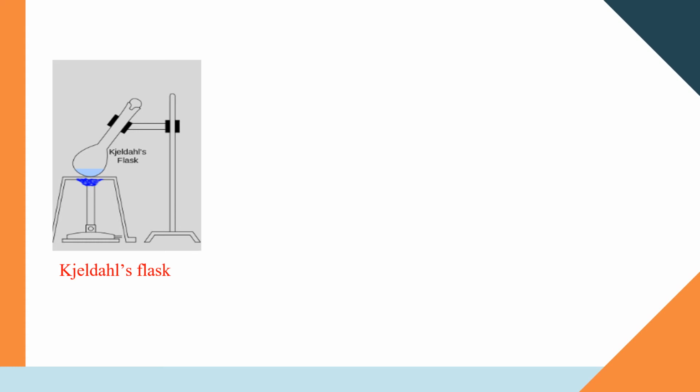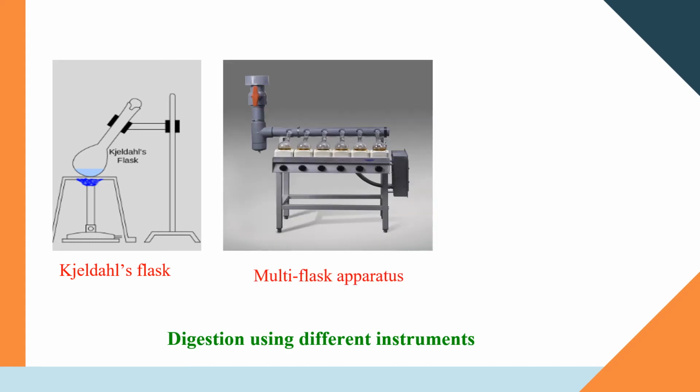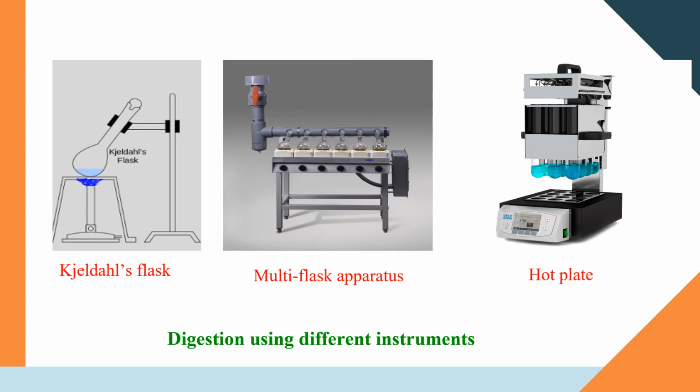Or you can use another apparatus or instrument like this one. It contains several Kjeldahl flasks, and those flasks are exposed to higher temperature so it can achieve the digestion in shorter time. And there is a more modern instrument. It's called hot plate.